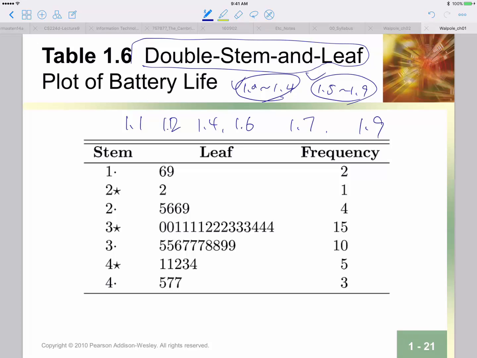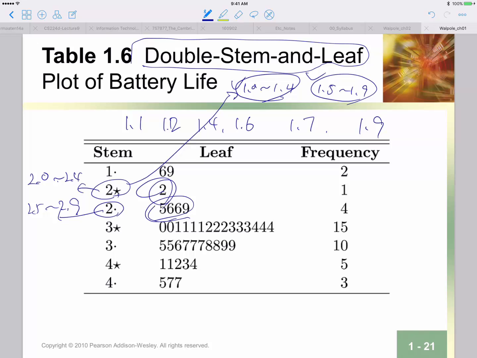And so here 2 star corresponds to this, in this case 2.0 to 2.4, and this is 2.5 to 2.9. Okay, so that way we only see 2 and we only see values greater than or equal to 5. And these are the frequencies. Okay, so that is called double stem and leaf.